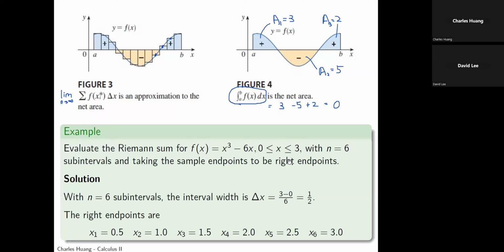Because I'm using the right endpoint, I'm not going to use 0, because 0 is on the left-hand side. So for the first rectangle, we will use 0.5. And then we'll go up by half: 1, 1.5, 2, 2.5, 3. So we're going to use that.